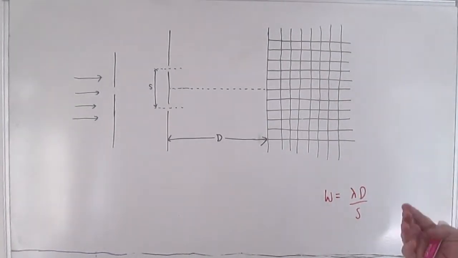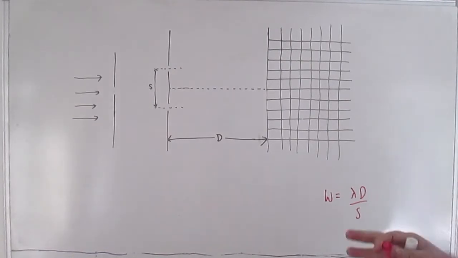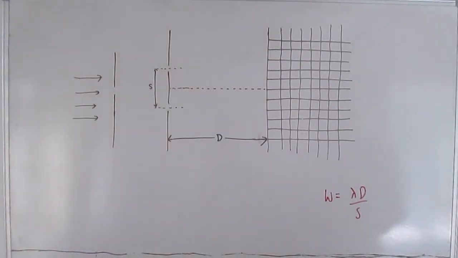So if it wasn't monochromatic, you would get a more complicated pattern with different wavelengths having fringes spaced out by different amounts. So so long as you only have a single wavelength, D and s are fixed, the separation of the slits and the distance to the screen, so the fringes have to be equally spaced.